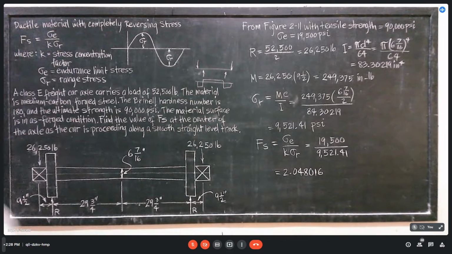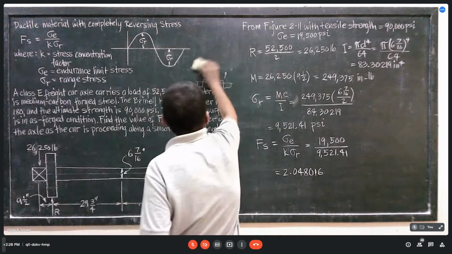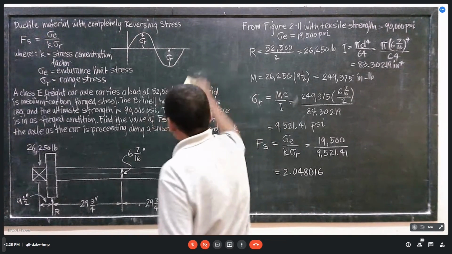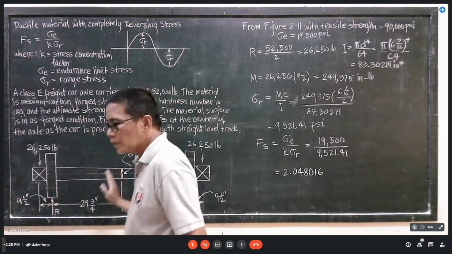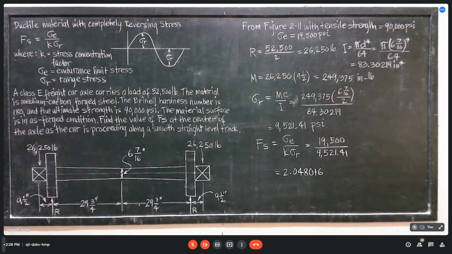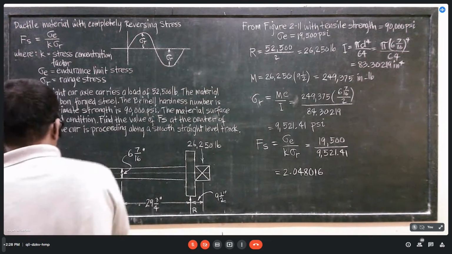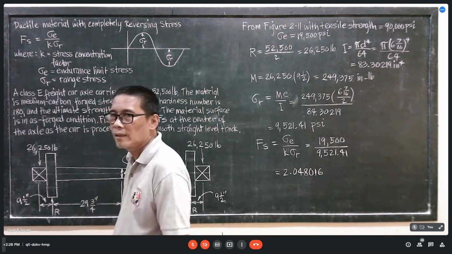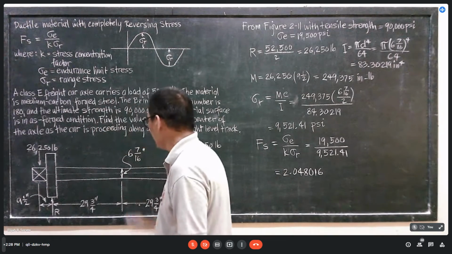However, for a shortcut, you just cut the section of the axle and then find the moment either on the left or on the right. Okay, so I cut it here.